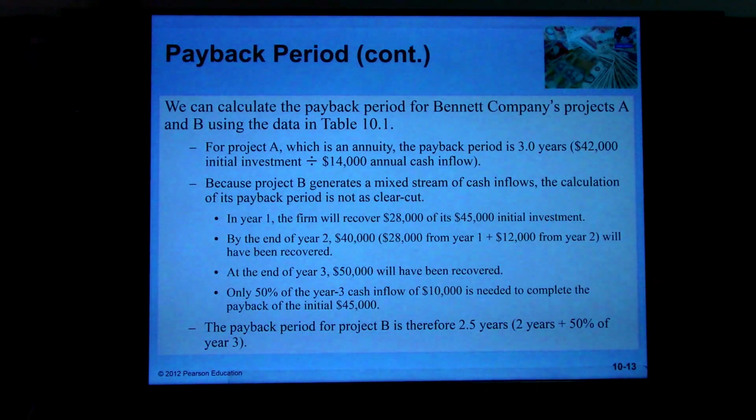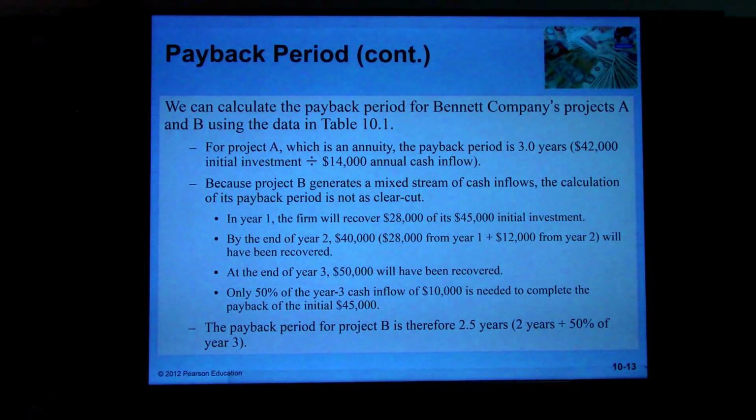First, in the first year, the firm will recover 28 of the 45 initial investment. By the end of year 2, the firm will recover 40, which is 28 from the first year plus 12 from the second year.